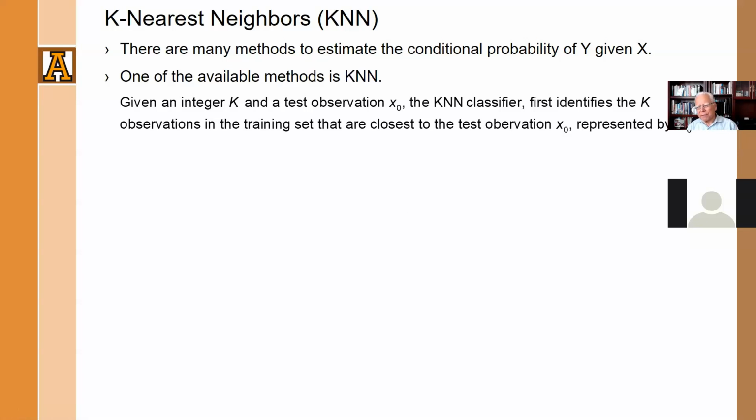Let's see, you have your training set, and then you have one observation from your test set that comes in. The KNN classifier, once this new observation comes in, looks in the training set for the k closest neighbors to that observation.